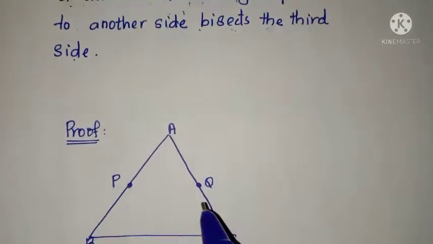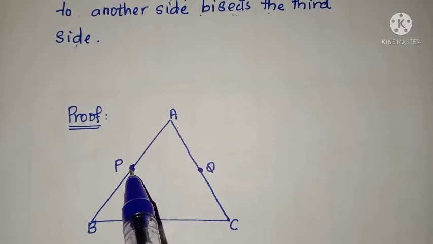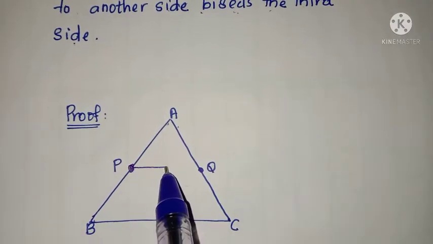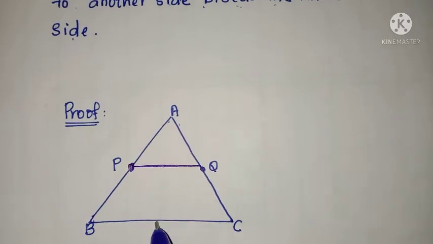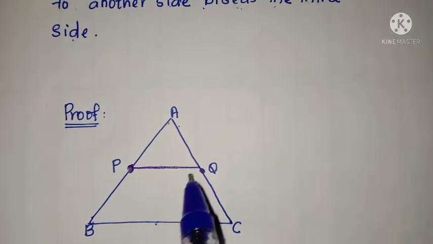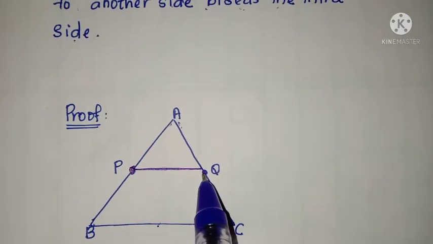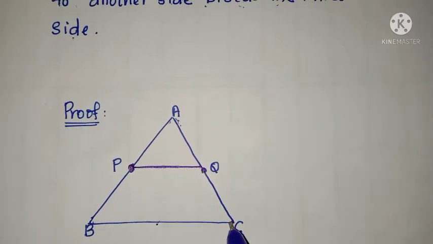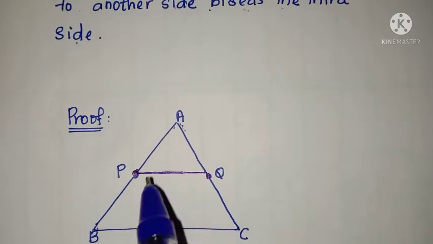Okay, that is, suppose we have a triangle. Here P is the midpoint of AB. Through the point P, draw a line which is parallel to BC. Then the line bisects the third side, or the point Q is the midpoint of the third side AC. This is the converse of the midpoint theorem.